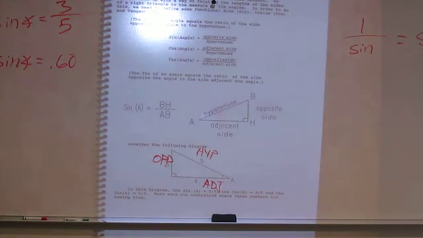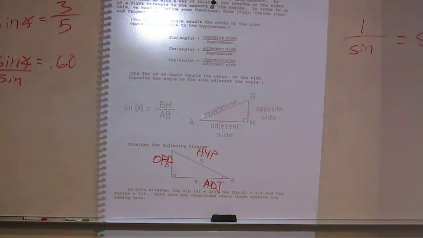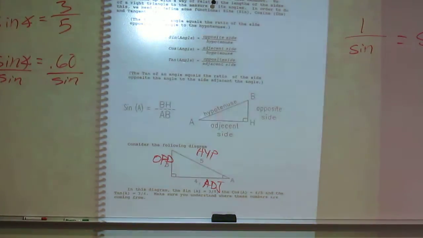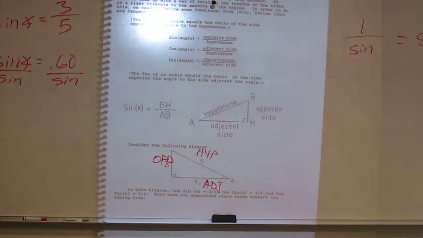I've got a relationship of sides term and an angle term. So to get the sine away from my angle, I have to divide, don't I? So I'm going to divide by the sine. What I do to one side, I have to do to the other. This goes to 1, correct? And I'm left with my angle on this side of the equation.